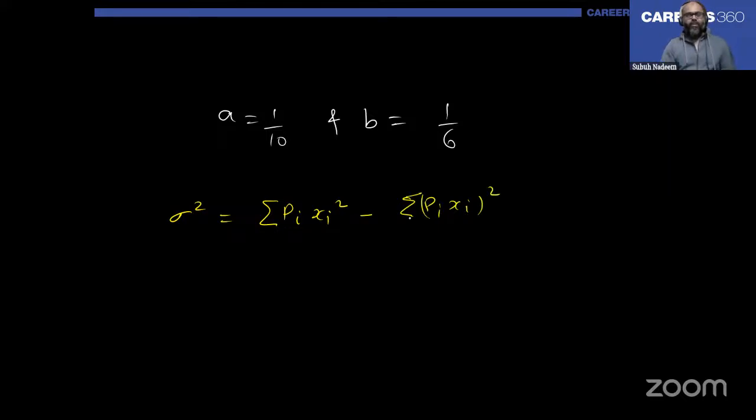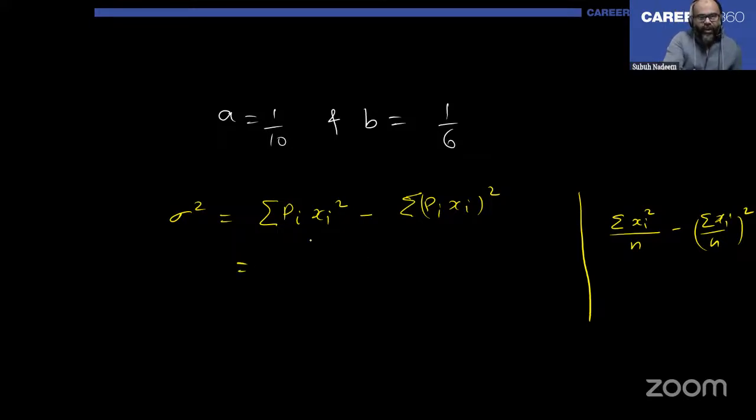This is the formula for the variance here. Actually, the formula was sigma of xi square by n minus sigma of xi by n whole square. So if we change it into probability form, this will come out like this.